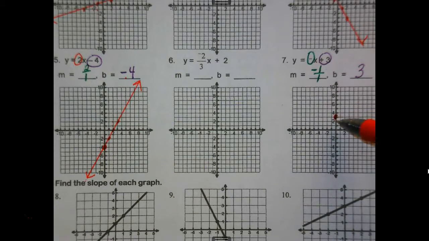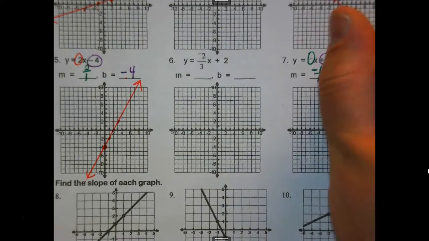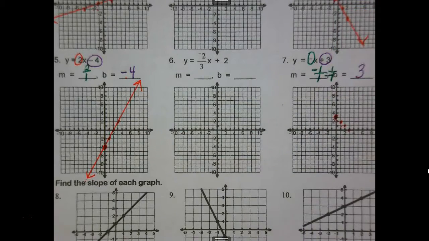If I use down 1 to the right 1. I could also use 1 over negative 1. From my y-intercept 3, I can go up 1 to the left 1. Draw my straight line.